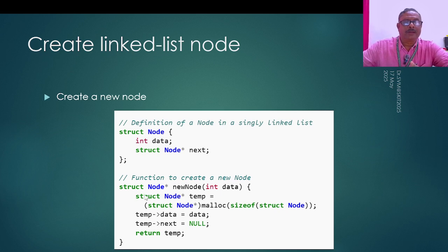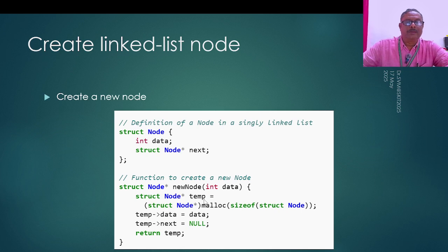To create a new node, we use this function newNode and pass the variable data, which is of type integer, and this newNode function should return a pointer to a structure called node.